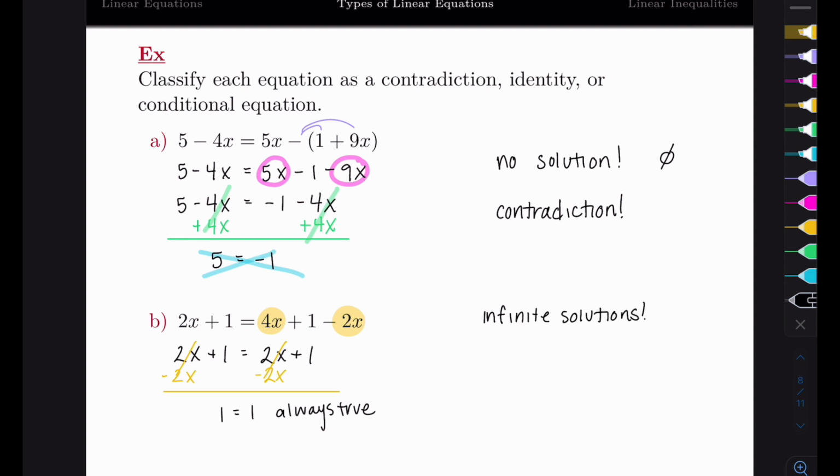So really, all real numbers is our solution. Okay. So this is an identity. Because really, back at this starting point, no matter the value you plugged in for x, you would get something that is a true statement, which is why it's all real numbers.